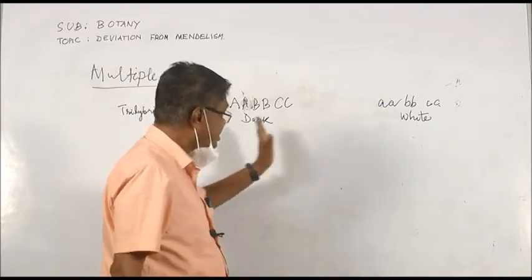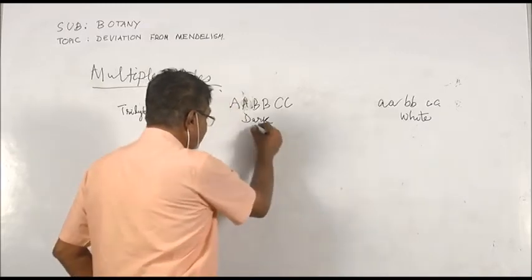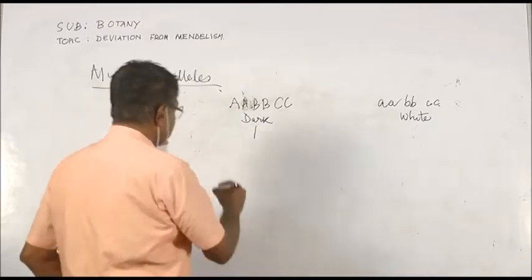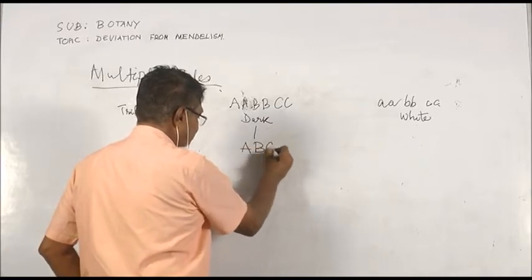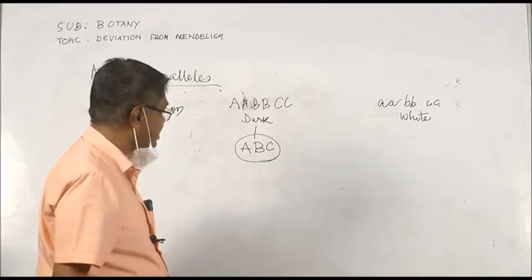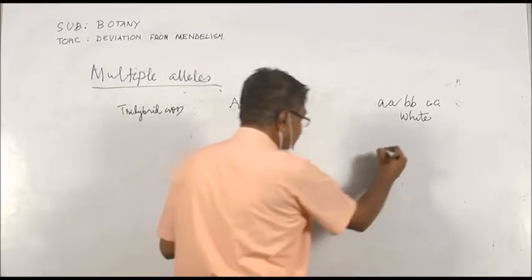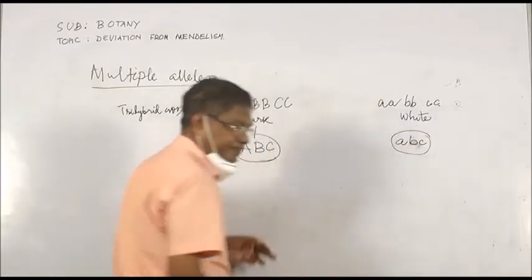So dark, white, two kinds. Now when we get to the gametes, this will give us a gamete where all gametes will contain capital A, capital B and capital C. Now this will give gametes which has small a, small b and small c.